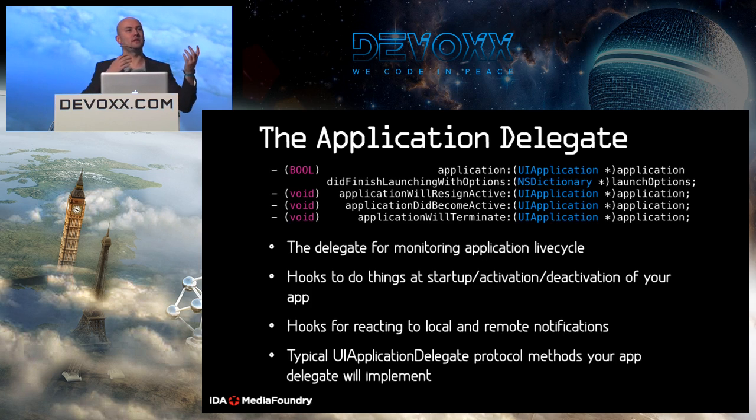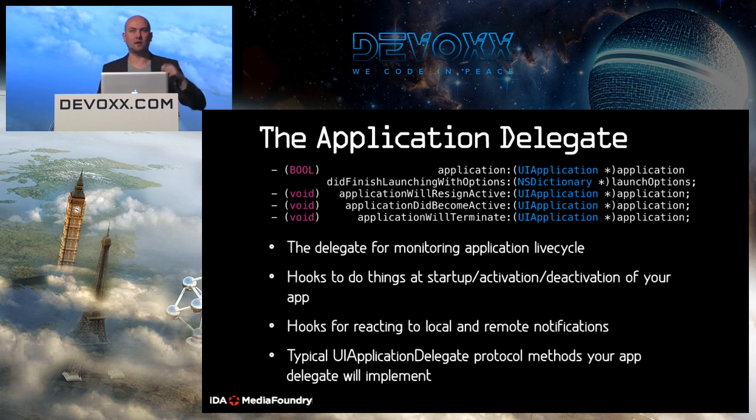For example, in this case, we have a method didFinishLaunchingWithOptions. So if your application is starting, once it's finished starting up, it's loaded in memory, it will send didFinishLaunchingWithOptions to your delegate. Same thing goes when your application goes into the background. Then it will resign active.